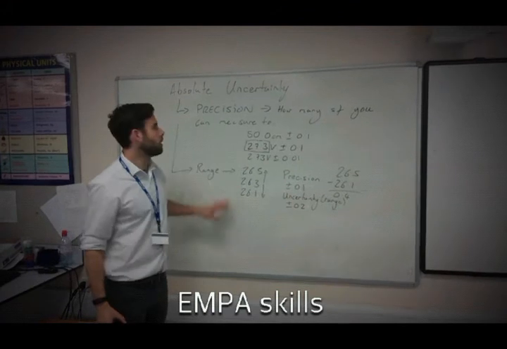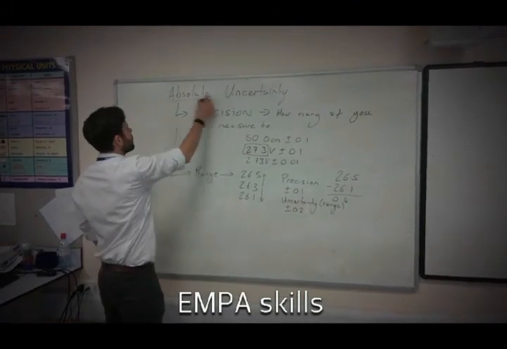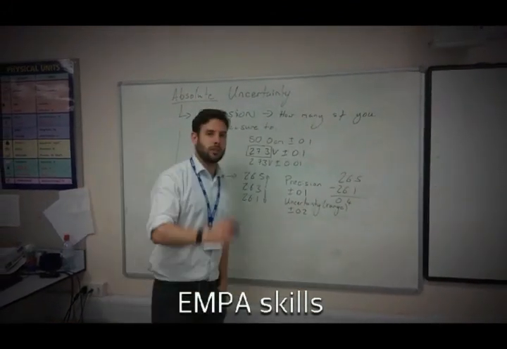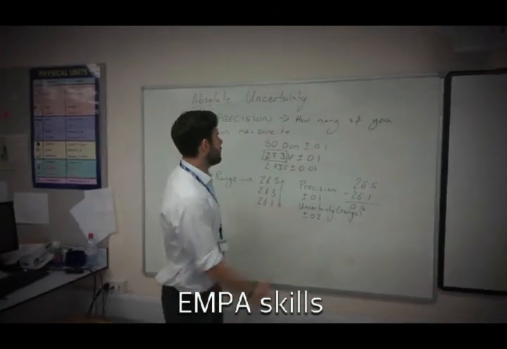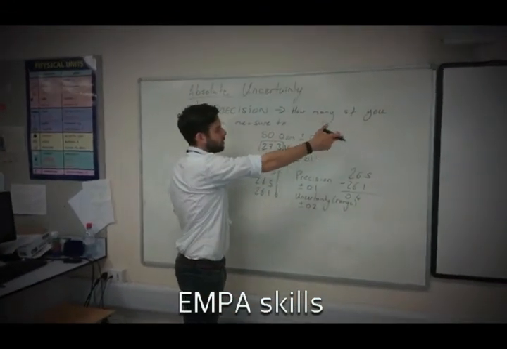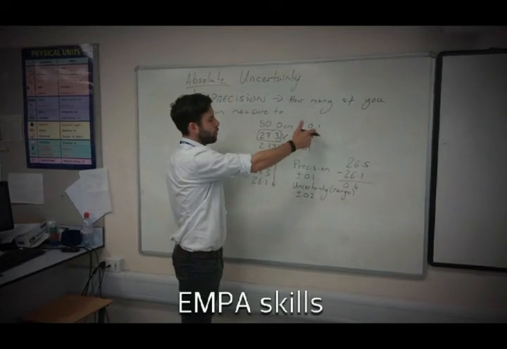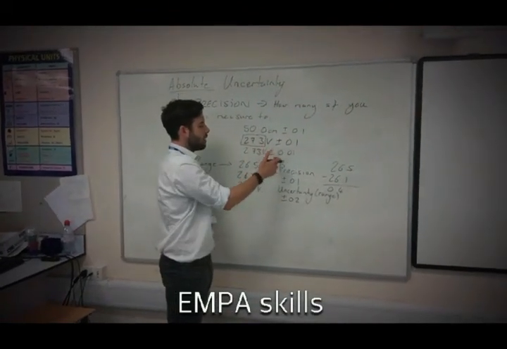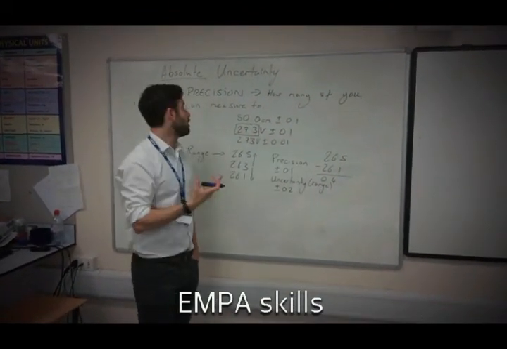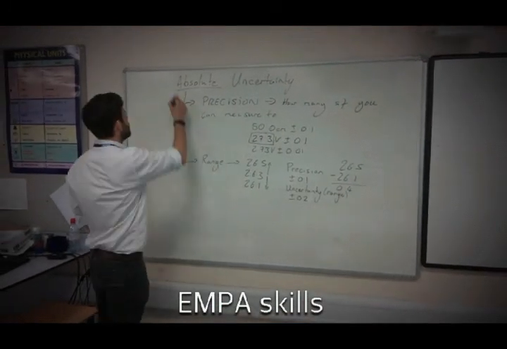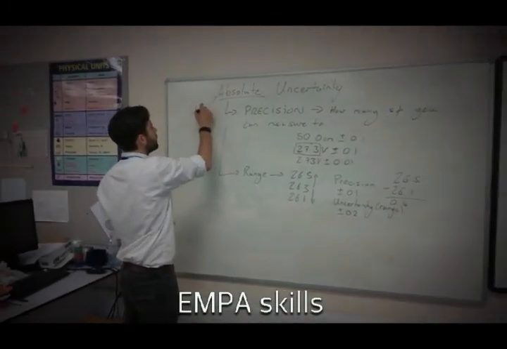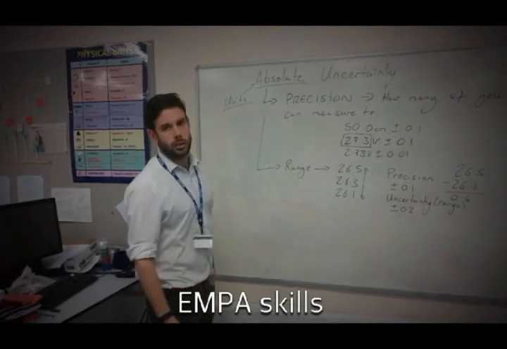Now we call these absolute uncertainties because they are in the units of our reading. This is plus or minus 0.1 centimeters. This is plus or minus 0.1 volts. This is plus or minus 0.01 volts. So an absolute uncertainty means an uncertainty with units.